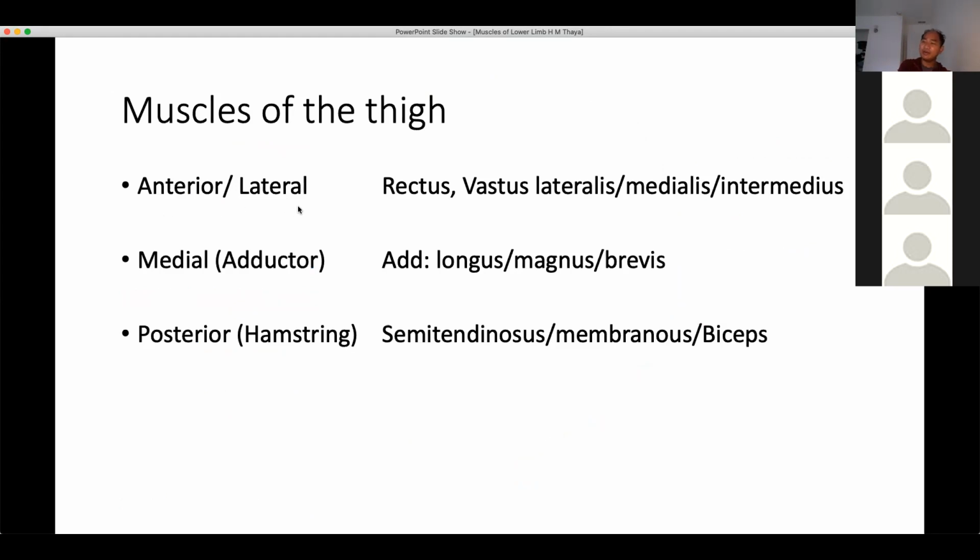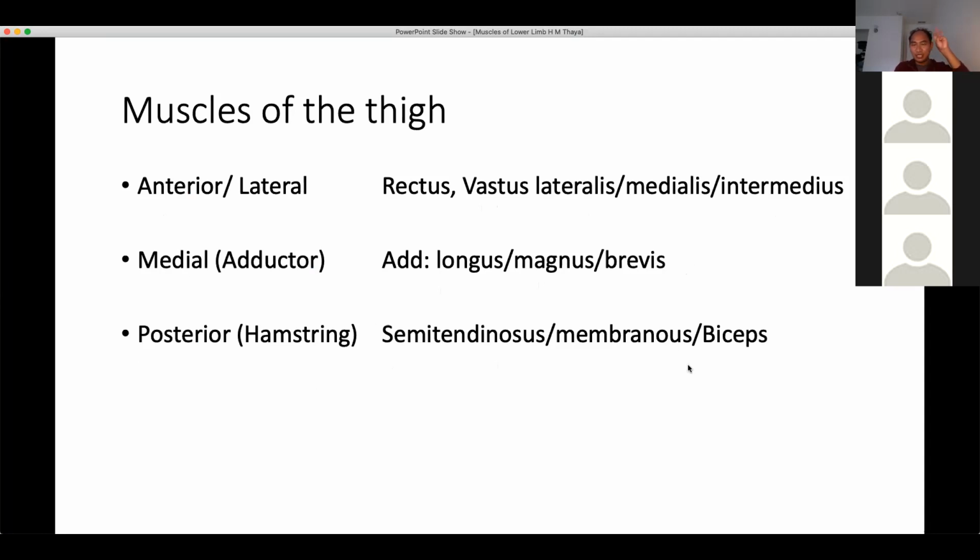So the anterolateral group: rectus, vastus lateralis, medialis, and intermedius. Medial compartment: adductor longus, adductor magnus, and adductor brevis, plus the gracilis. Don't forget grace. Posterior compartment, which is also called hamstring, is made of semi-membranosus, semi-tendinosus, and biceps muscle.